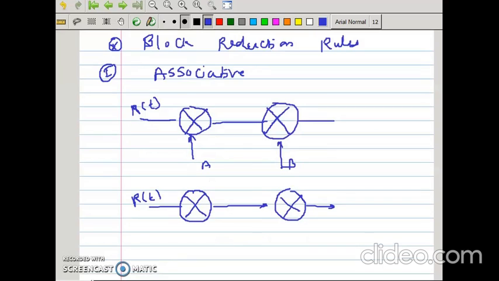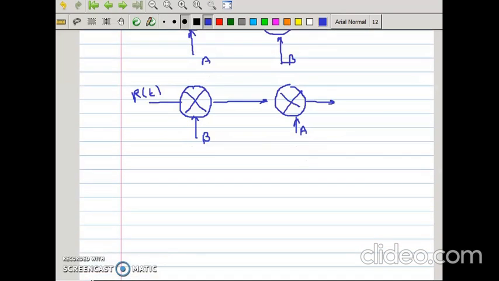But here whatever we mix, see, now we can exchange the position like this. See this, we can shift this here, like this. That means now it becomes B and now it becomes A. So this is the associative rule, where we can exchange the position of the mixers front and back. Okay, so this is the first rule of the block reduction method.